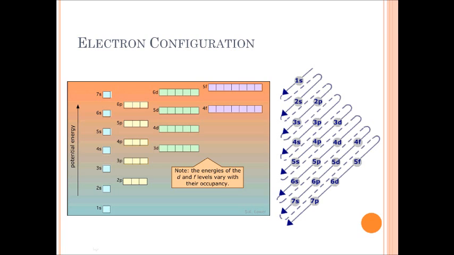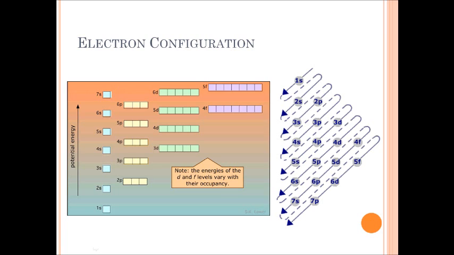Some will have slightly different energy levels, even if they have the same numerical energy level. Like here in this instance, 4s and 4p are a lot lower than 4d or even 4f. So it depends on where they are.